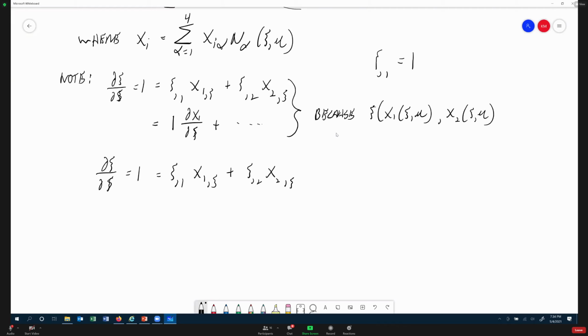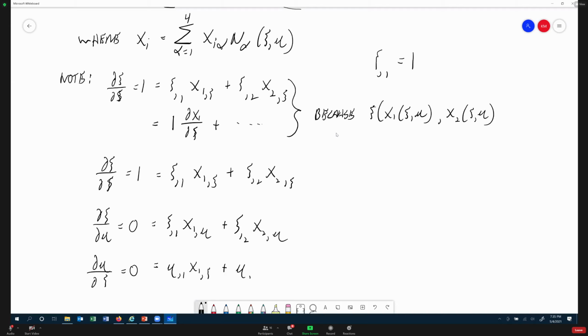We have the partial of C with respect to nu is equal to 0, which is equal to C comma 1 X1 comma nu plus C comma 2 X2 comma nu. The partial of nu with respect to C is equal to 0, which is equal to nu comma 1 X1 comma C plus nu comma 2 X2 comma C.